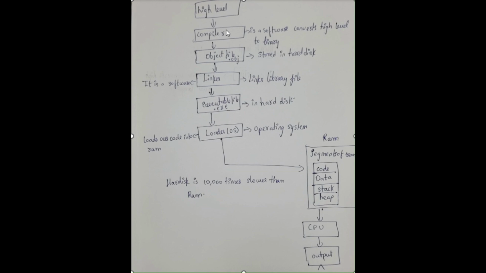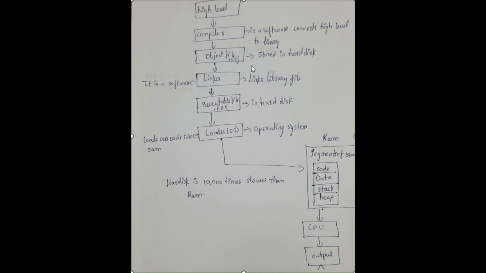The compiler does this task. Now, it is not sufficient to run our program and get the output. We need all the library files of the C language to be linked with our code to generate the output. Now, who does the task of linking?